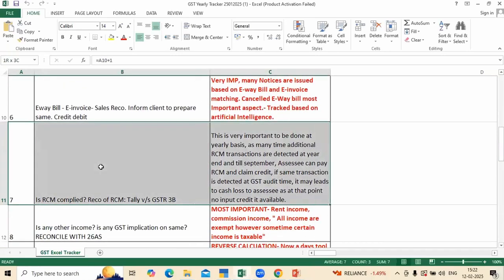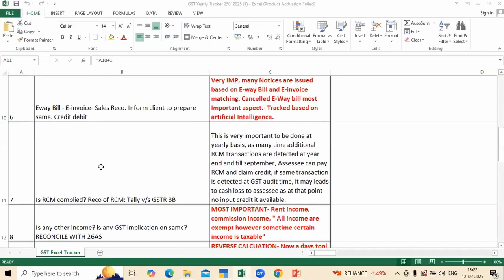Now point number 7. In point number 7, what I want to convey is: is RCM compliant or not? All of us know that RCM applies on certain transactions, but what happens is that in the monthly data the client has given, he has not posted certain expenses, say security expense, say payment to an advocate, and he posts those invoices as backdated transactions.